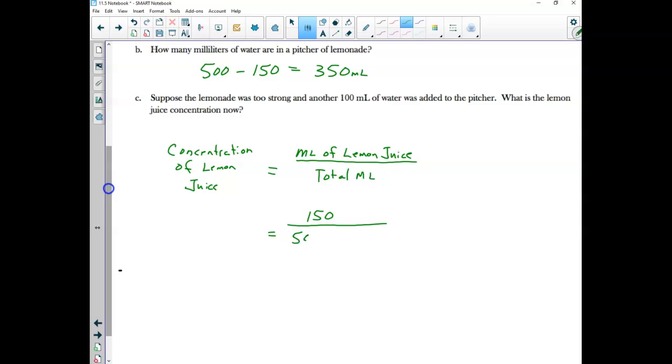Currently, I have 500 milliliters of juice and water combined, and if I only add water, that's going to give me 150 milliliters of juice in 600 milliliters total now, because I added another 100 milliliters of water. If I do the division, that's going to give me 0.25 with my calculator, or a 25% concentration of lemon juice in there. Because we added only water, we diluted the lemon juice, so it's less lemony.